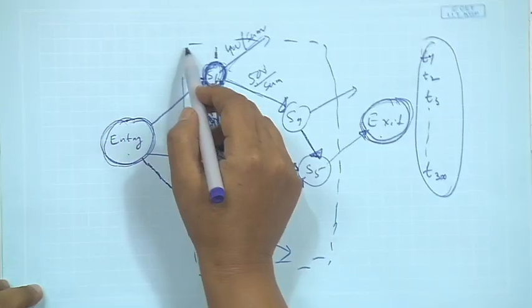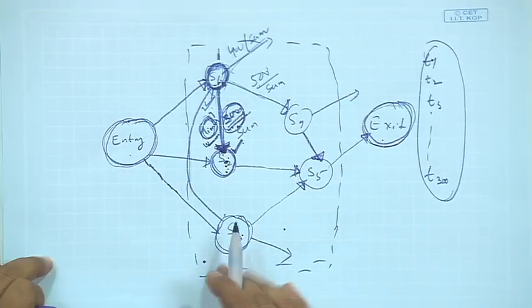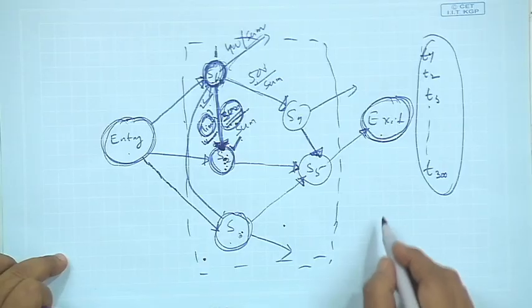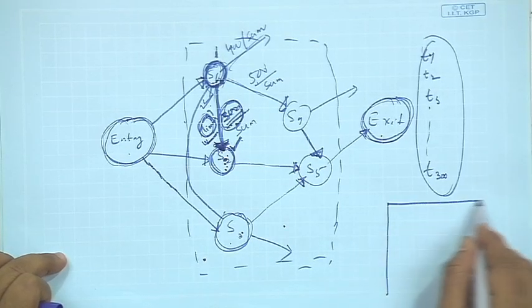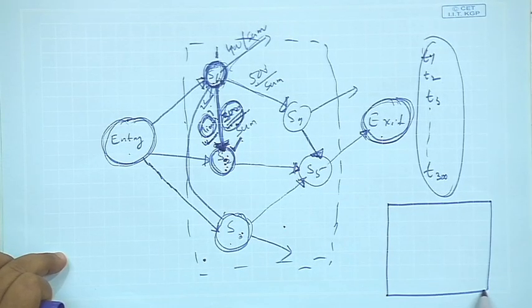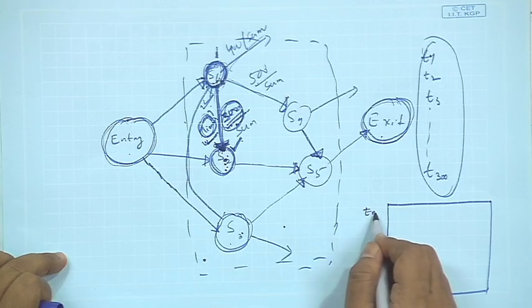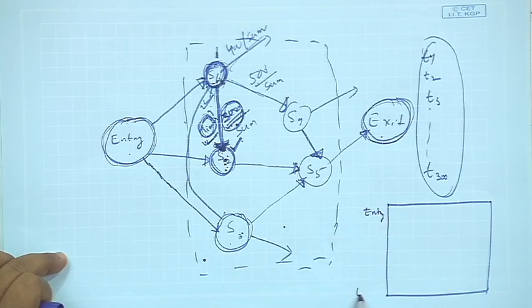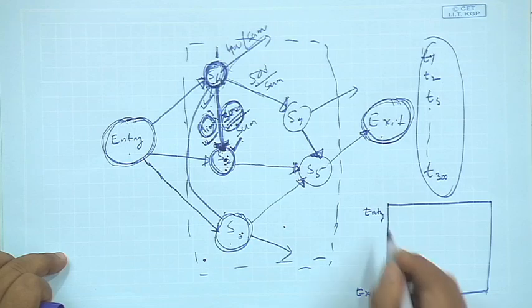After you calculate these transition probabilities, you can now represent them in the form of a matrix. Here of course, you will have entry state, exit state and other states.